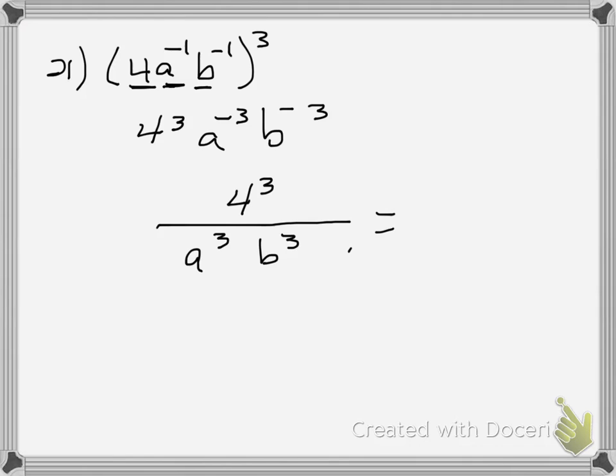They want me to say what number that is. So that is going to be 64 over A to the third, B to the third. And that's that answer.